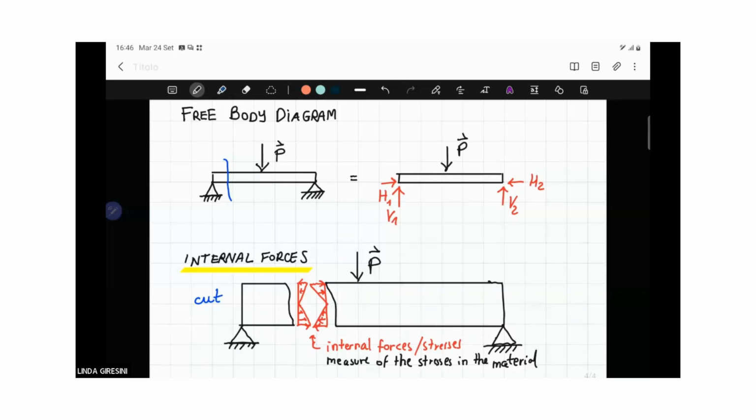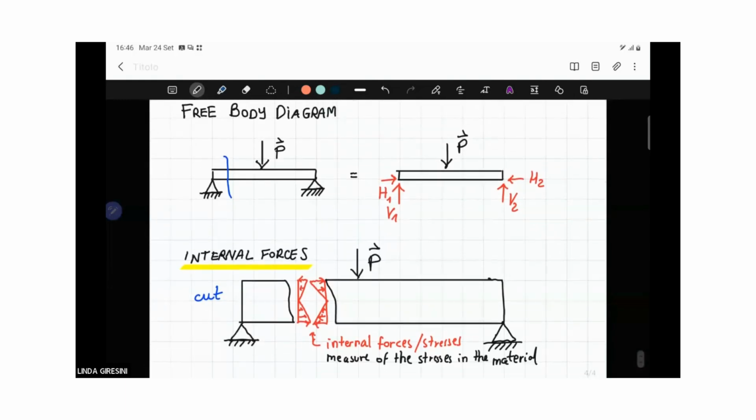So the question is, why does it have to look like that? Why isn't there more force the more we go up, since there is the external force? I don't actually understand your question very well, but I suppose that you are referring to the stress distribution that you see here. We will see what the real stress distribution will be.